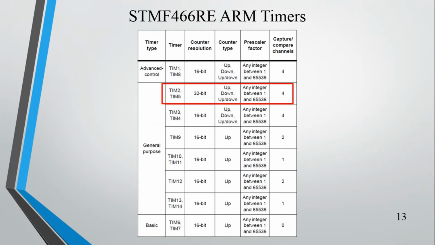Right. So here in this case 4 input channels are there. What does it mean? You can give inputs to 4 external pins. So up to 4 external inputs you can give as capture or compare inputs to say timer 1 and timer 8. Similarly for timer 10 and 11 only one capture or compare channel is there.